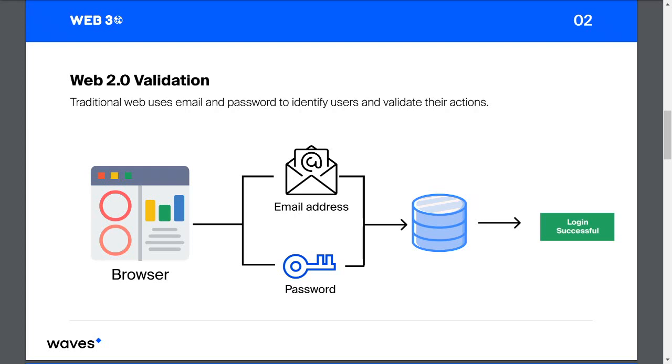So when you come trying to log in, these two details are used to query the database. If the database finds that these two details correspond, they are correct, it brings you to a successful page, or it grants you access. All right, that's Web 2.0.